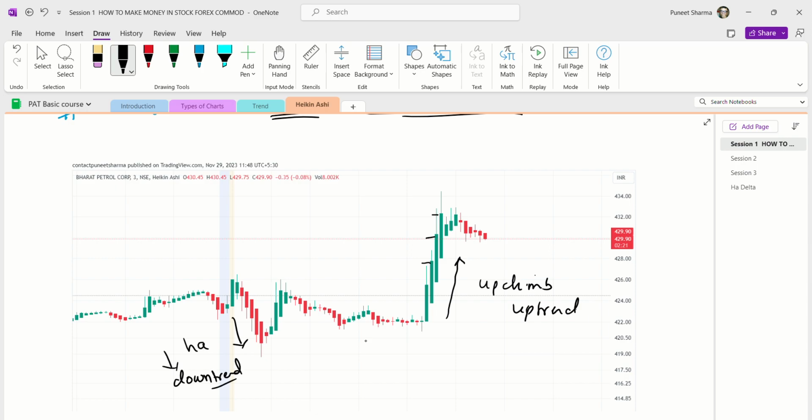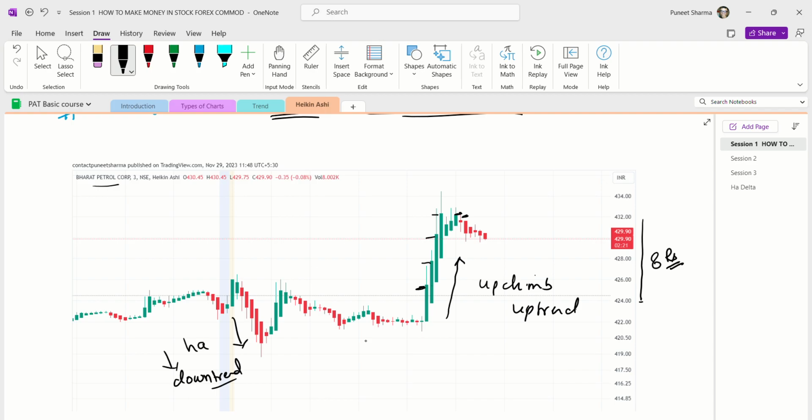So it shows the trend so smoothly and clearly that anybody can trade. Any novice can trade. You don't need rocket science to understand when to buy, when to sell. If you buy somewhere here and exit somewhere here on the formation of this red candle, you would have made from 424 to 432, 8 rupees per unit of this trade on Bharat Petroleum BPCL.